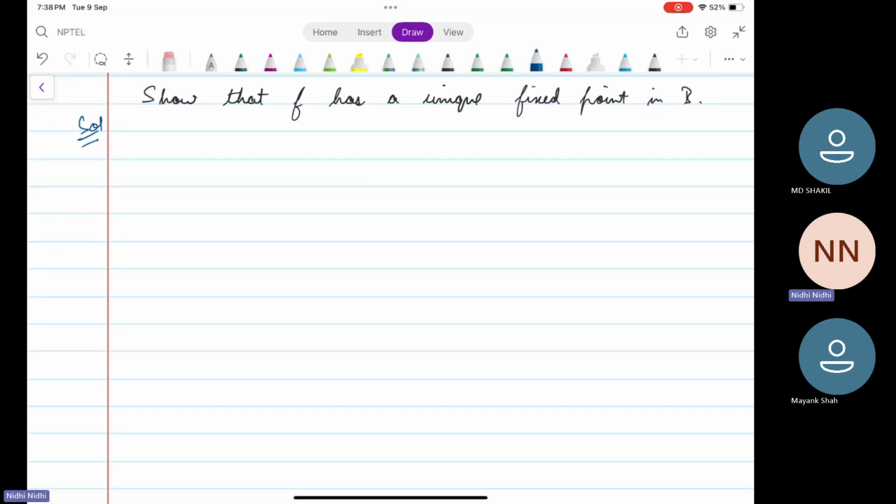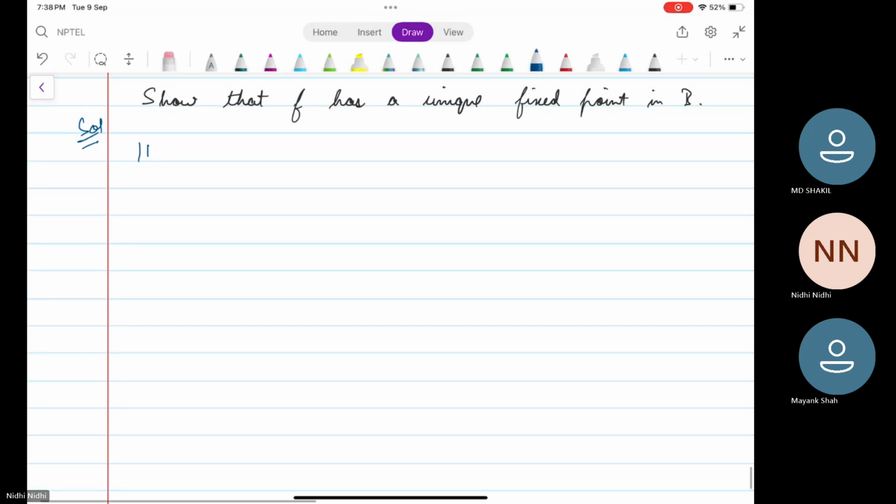Let's start with norm of f squared x minus 0. Now this is equal to, I'll add and subtract f at 0.